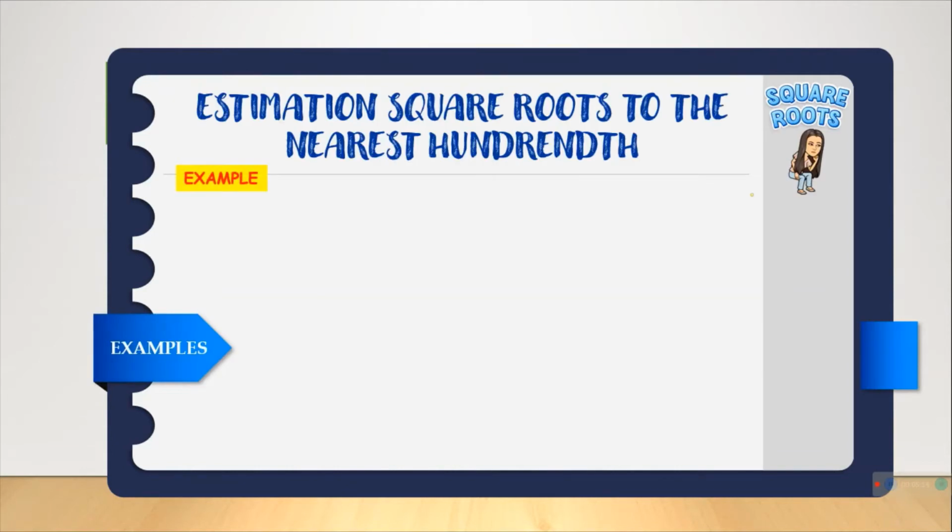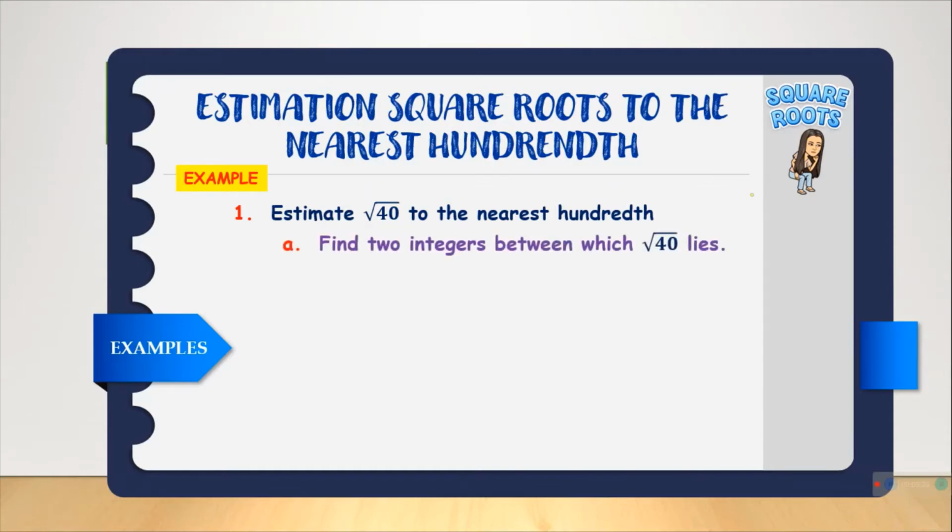So, for the first example, we estimate the square root of 40 to the nearest hundredth. The first thing we will do is find what numbers lie on either side of the square root of 40. The numbers on either side are 36 and 49.